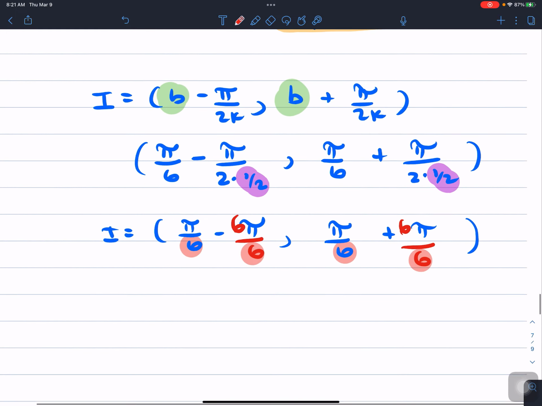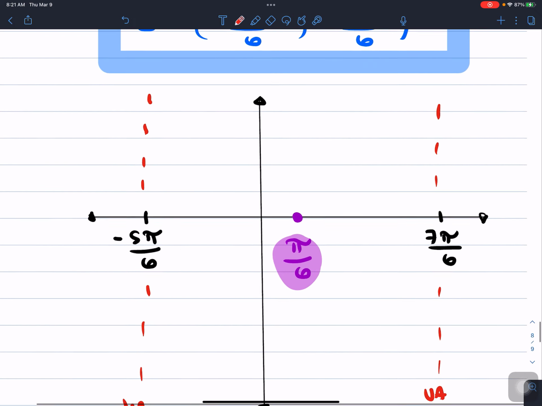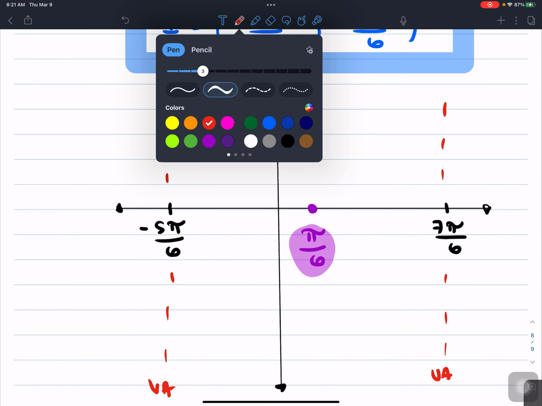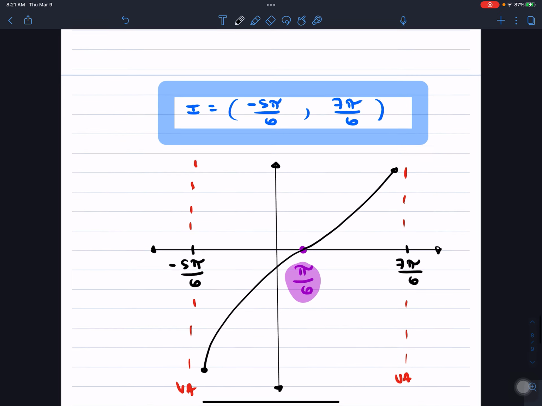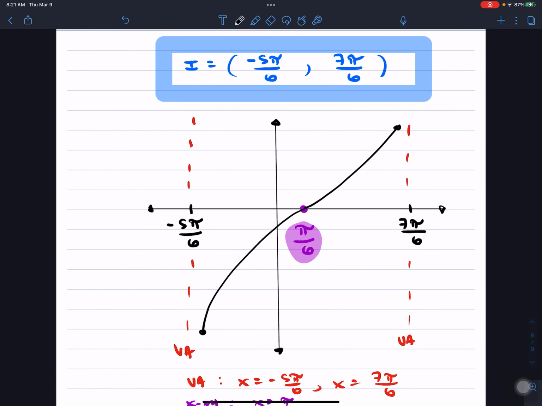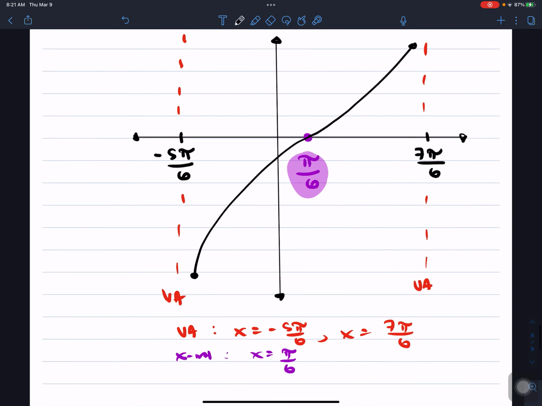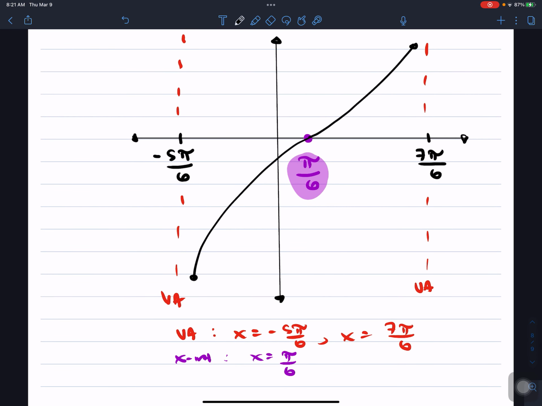And then now, we get to finish that curve. And there you go, ladies and gentlemen. Easy peasy, lemon squeezy here. And there it is.